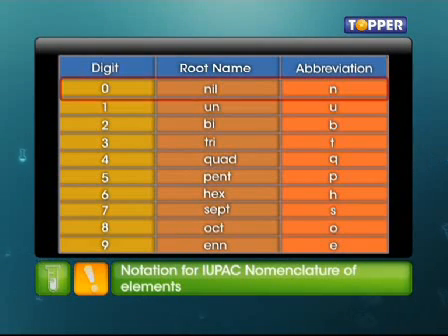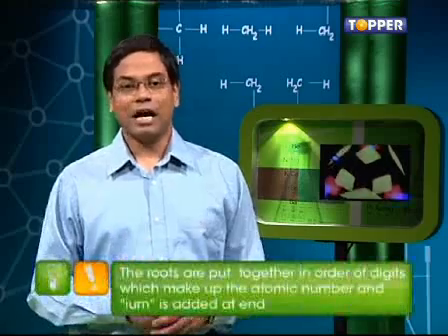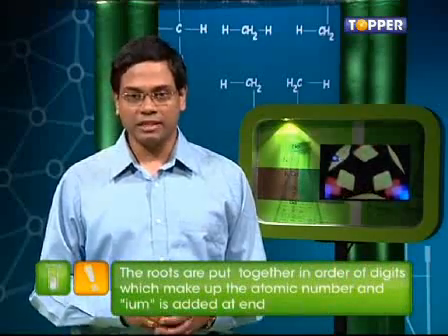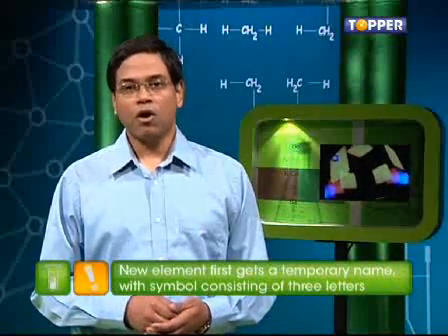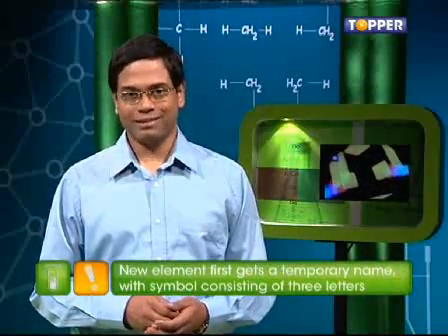For example, the root assigned for 0 is nil and its abbreviated form is N. These roots are put together in the order of digits of the atomic number. This becomes the temporary or interim name of the element.